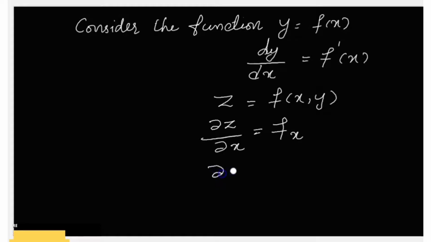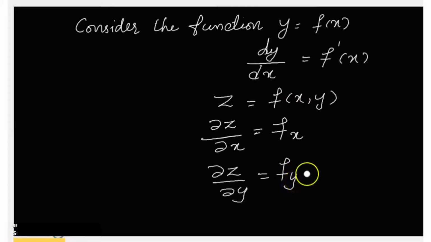The other derivative is dou z by dou y. That means differentiate z with respect to y treating the other variable x as constant. Also we denote it by f sub y. So we got the two partial derivatives of z with respect to the independent variables x and y. These derivatives are known as partial derivatives.